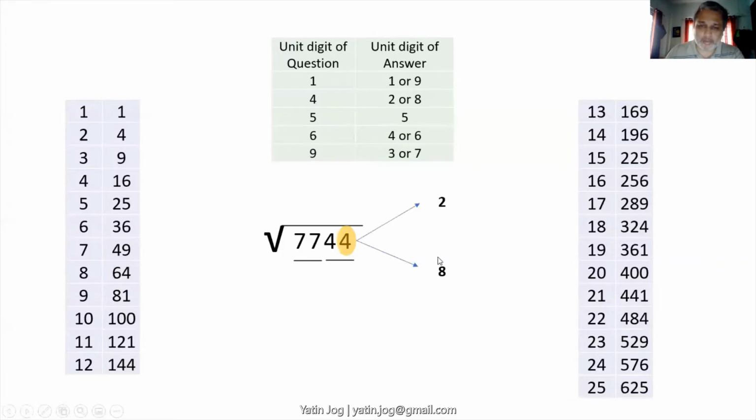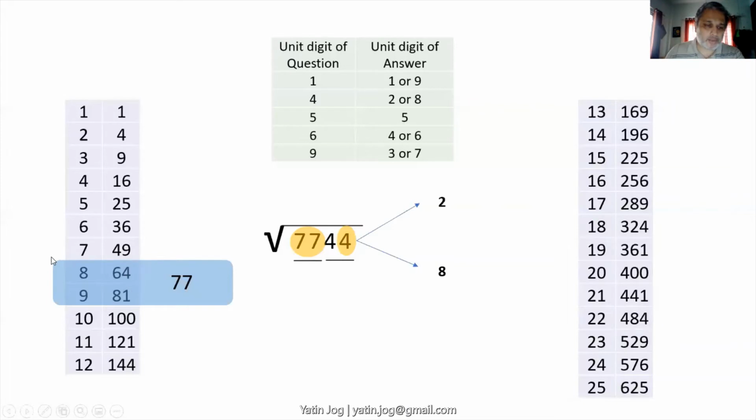So the square root of this number will end with either 2 or 8. The next step is to look at the second group of numbers, which is 77, and compare it with the squares you know, to find where this 77 can be plotted. This 77 is between 64 and 81.